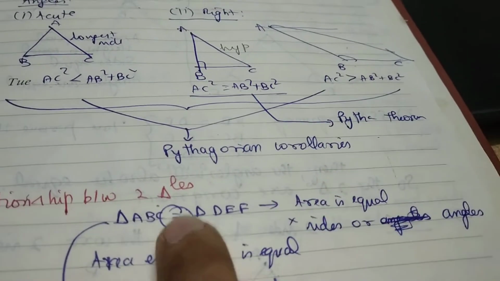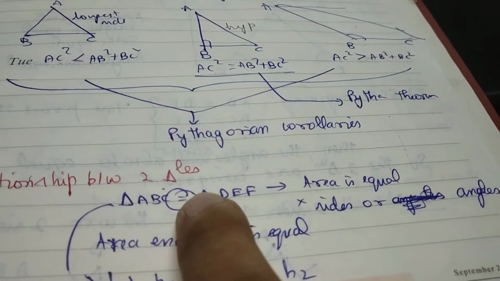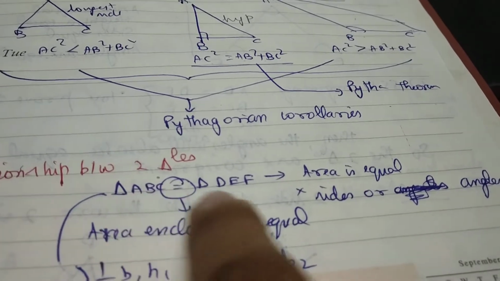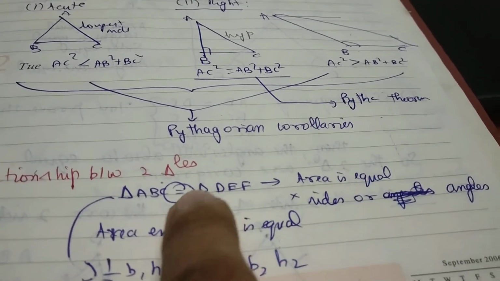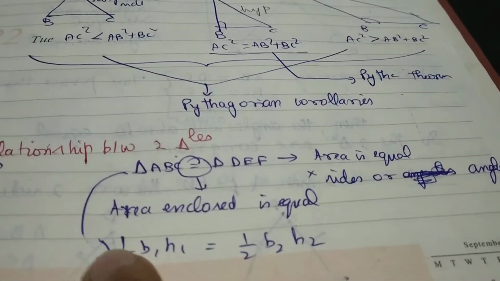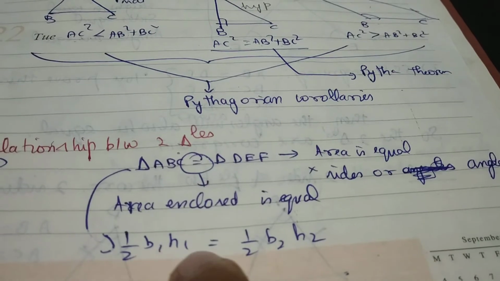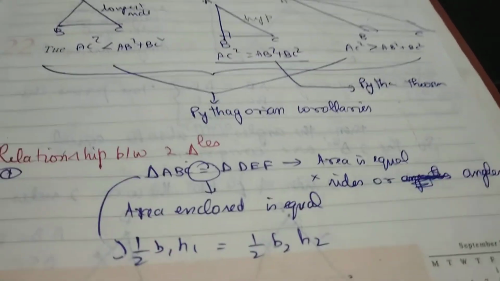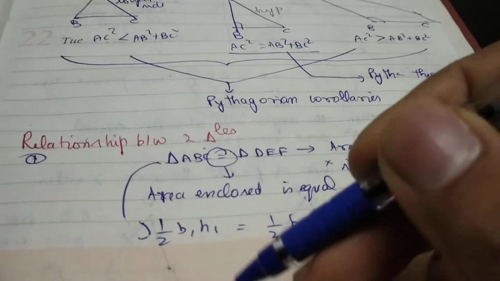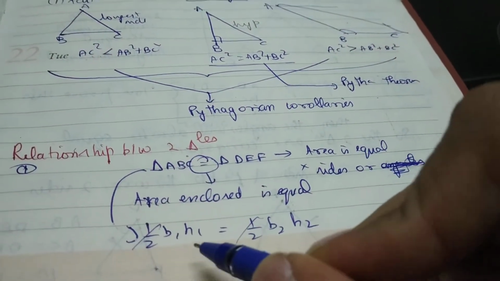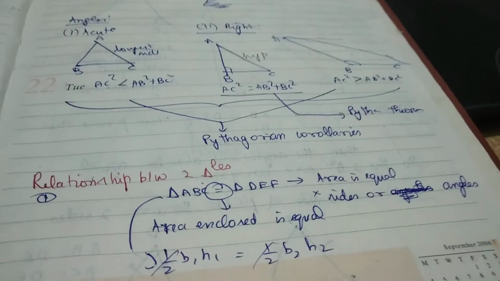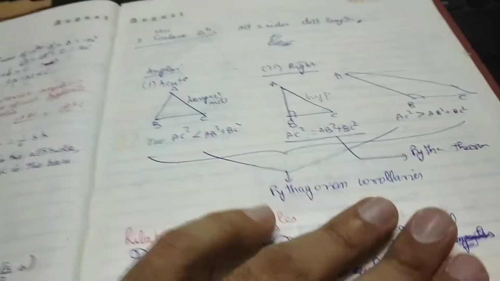If you put the symbol of equality between the two triangles, then it means that the area enclosed by the two triangles will be equal. Area formula is given by half into base into height, right? So 1/2 B1 H1 is equal to 1/2 B2 H2. Cancelling the 1/2, B1 H1 is equal to B2 H2, right? So this is the first relationship.